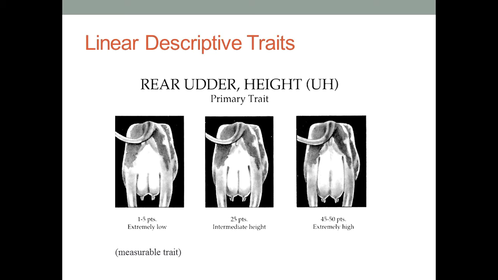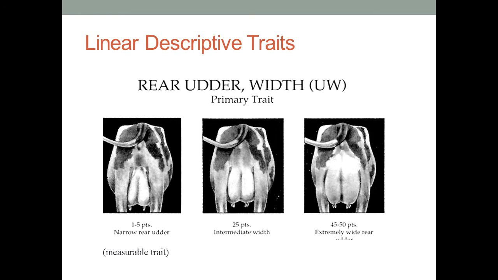On the other end of the extreme, a rear udder attachment 13.3 inches below the vulva receives a 5. And the intermediate, the score of 25, is a rear udder that's 10.5 inches from the base of the vulva to the top of the rear udder. So literally a measurable trait, and one where the high score is the ideal. Rear udder width is similar.